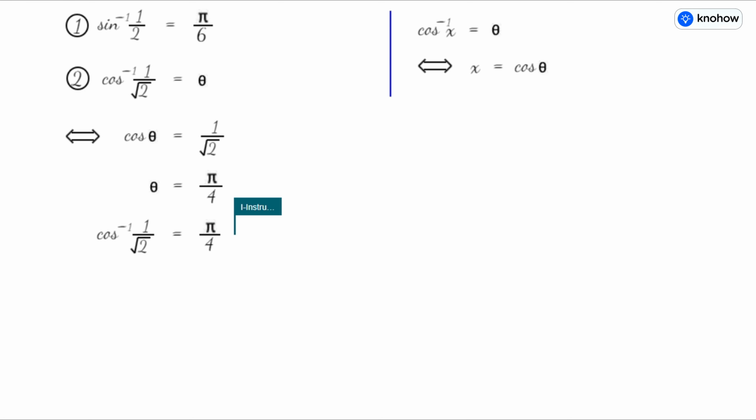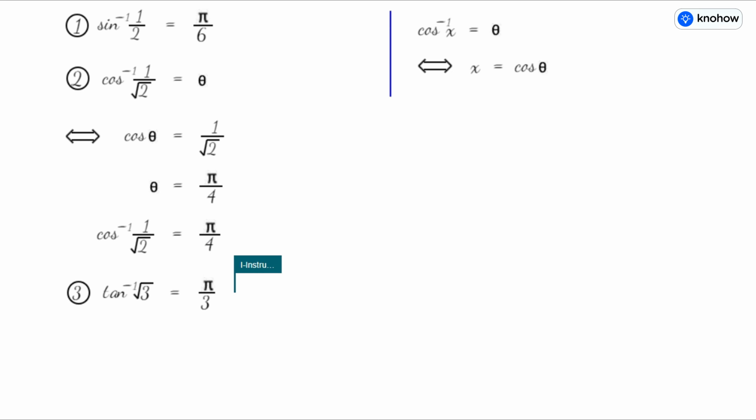Similarly, let me take one example for tan inverse x: what will be tan inverse √3? Can you directly tell me? Tan inverse √3 is an angle whose tan theta is √3. What is that angle? Tan 60 degrees, or pi/3, is √3.